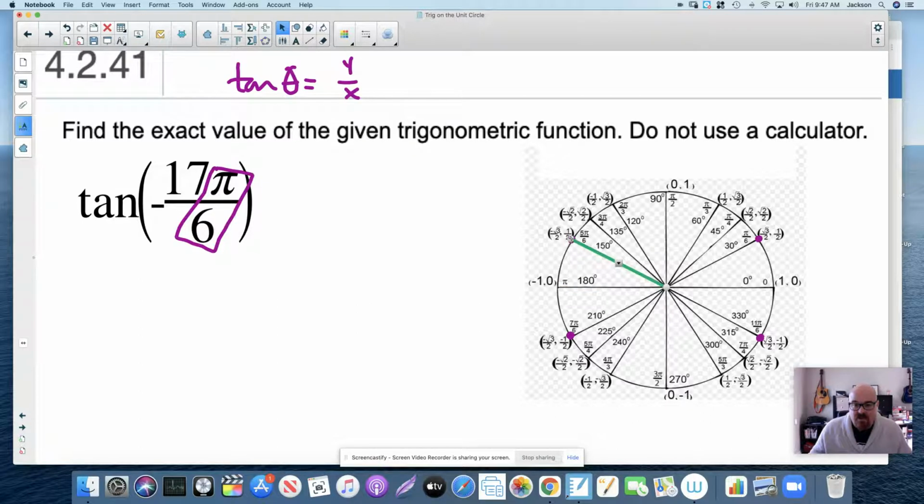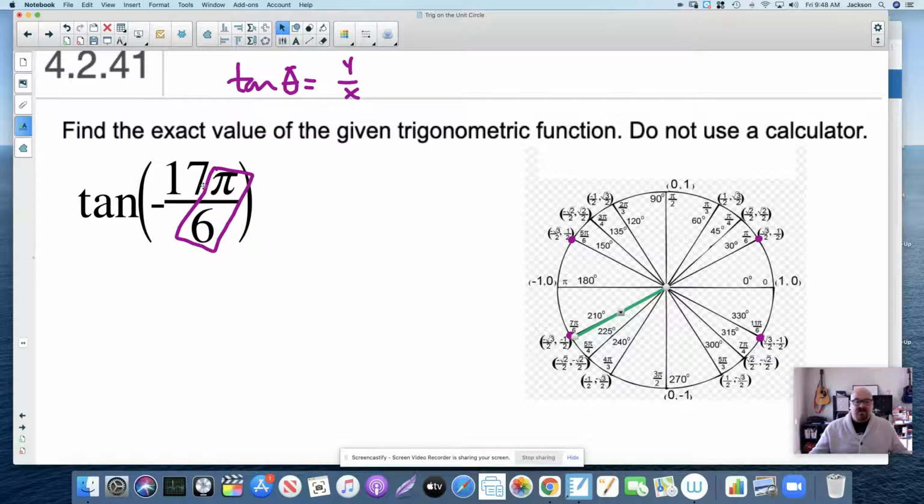Negative 7 pi over 6, negative 8 pi over 6. Now, 8 over 6 is going to reduce. Negative 9 pi over 6, negative 10 pi over 6, negative 11 pi over 6, negative 12, negative 13, negative 14, negative 15, negative 16, negative 17 pi over 6, right there, in the same position as 7 pi over 6.